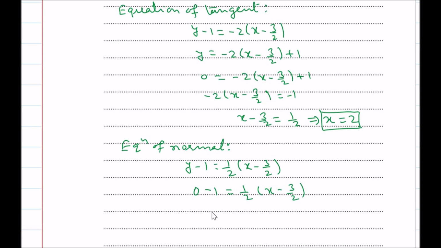So this gives us x minus 3 by 2 is equal to minus 2. This implies that x equal to minus 2 plus 3 by 2, that is minus half.